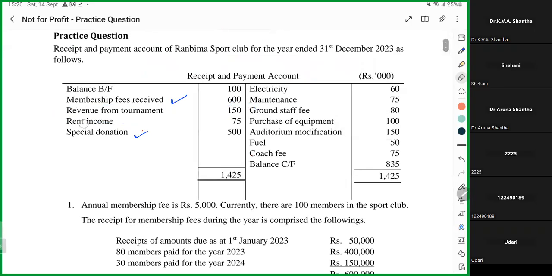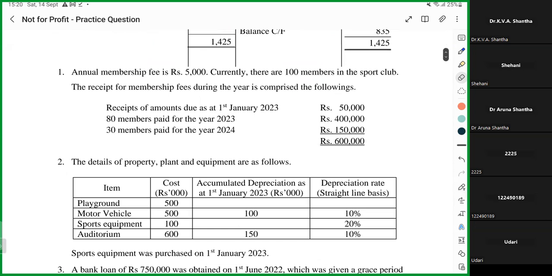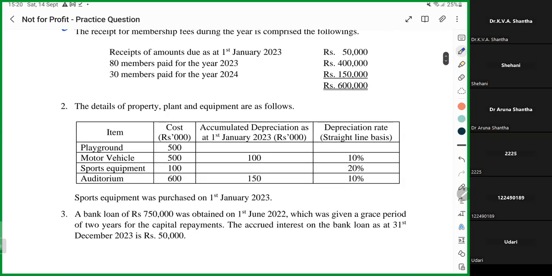Then you have to take the expenses. See whether there is any additional information relating to expenses. We completed number 1, membership fees. Number 2, you can calculate depreciation. You have details of property, plant and equipment, and depreciation is on a straight line basis, with rates given.